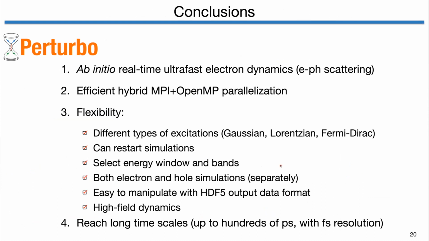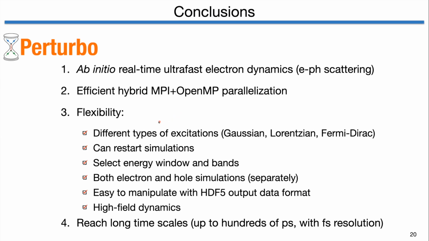Okay, so in conclusion, Perturbo provides the framework to perform the ab initio real-time ultrafast dynamics, including the electron-phonon scatterings for now. Perturbo performs efficient hybrid MPI and OpenMP parallelization.